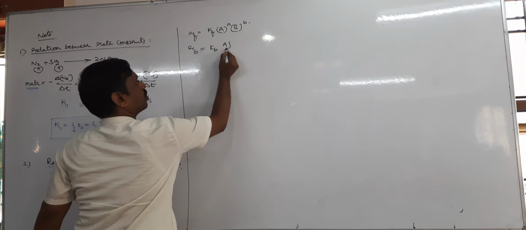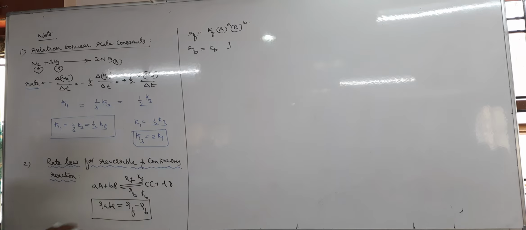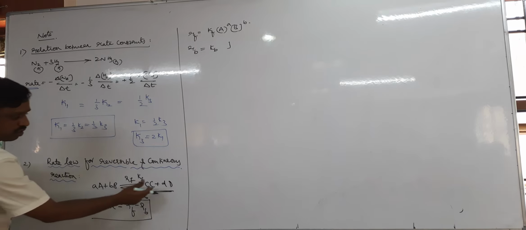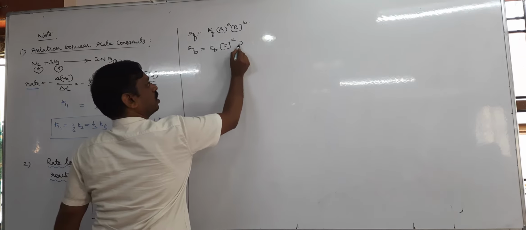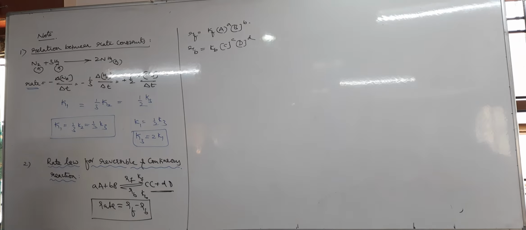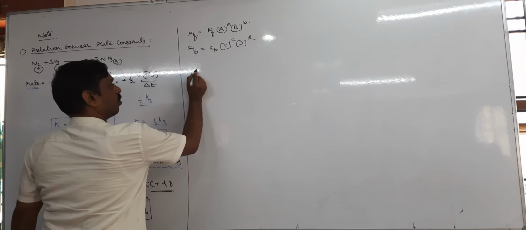Kb into, for the backward reaction, these are the reactants, the product converted into reactant, so [C] power c, [D] power d. Now what is the overall net rate?